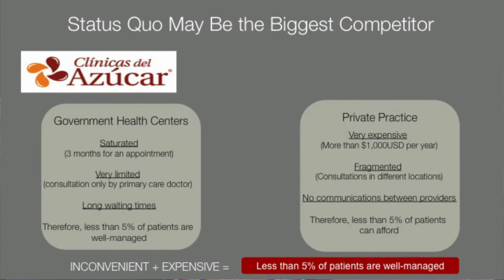And as you can see in both of these examples, less than 5% of the Mexican population that have diabetes are going to the government centers or to these private practice centers. So in fact, with Clínicas del Azúcar, their greatest competitor is the status quo, that these diabetes patients don't go anywhere for treatment.